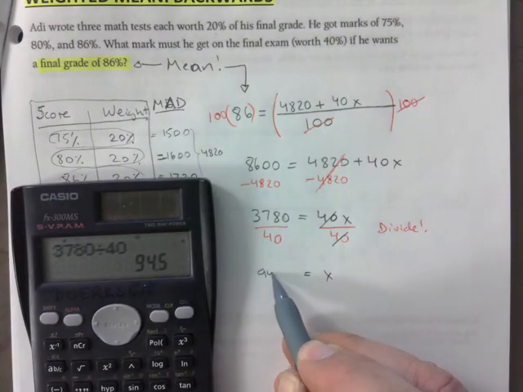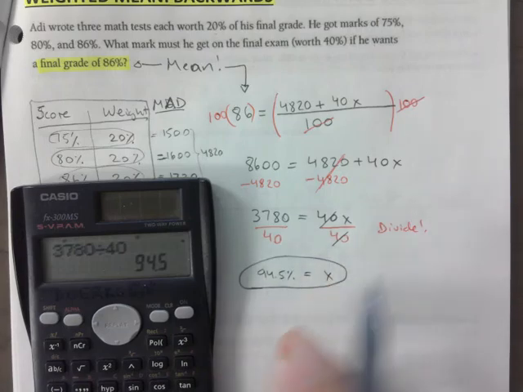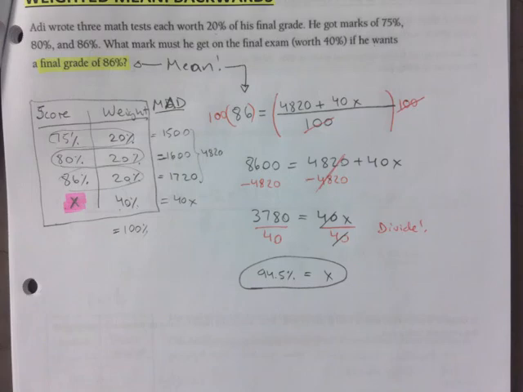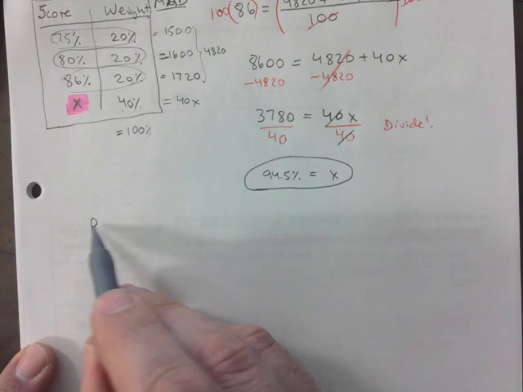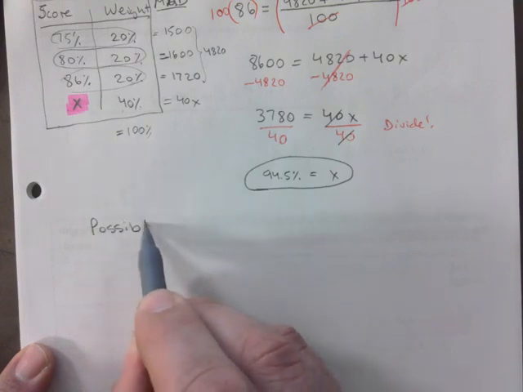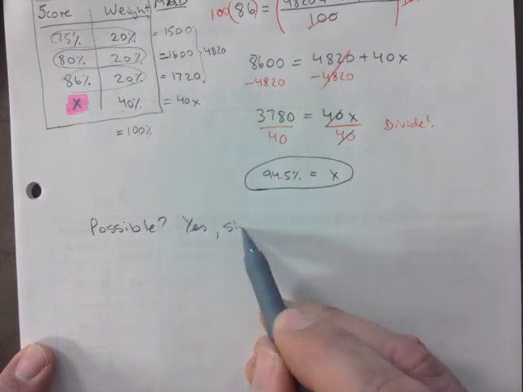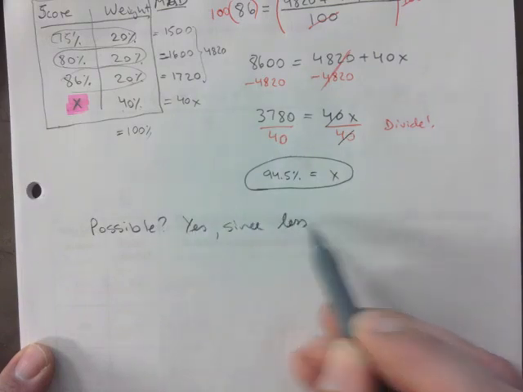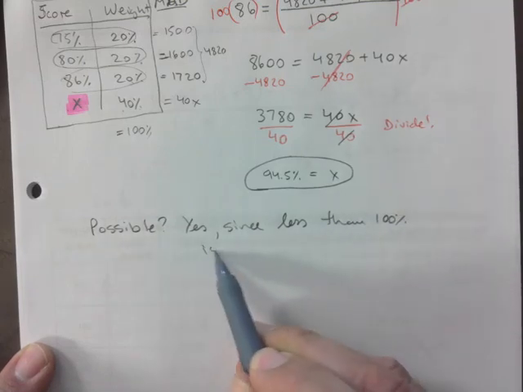We need a 94.5% on that final. Is it possible? The answer is yes, since less than 100 is needed.